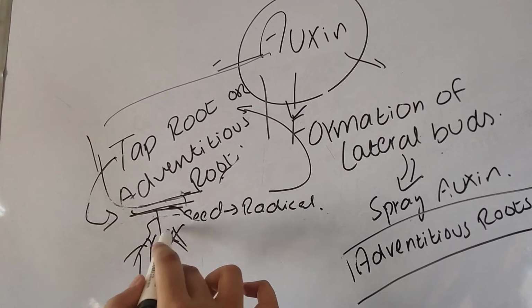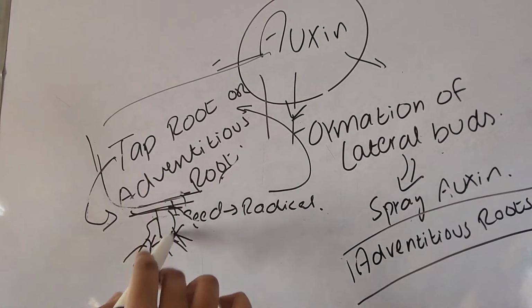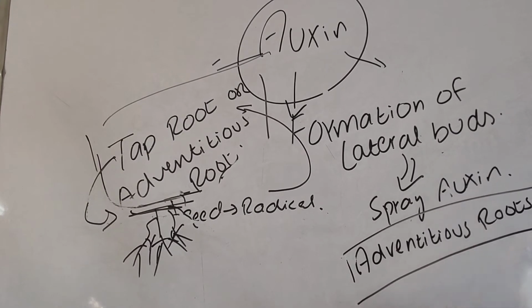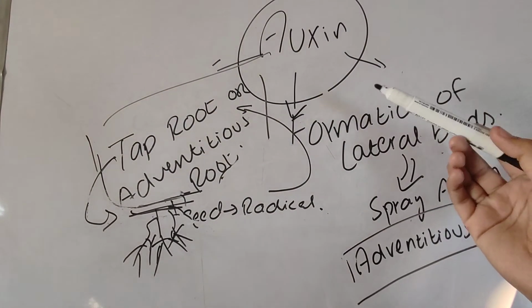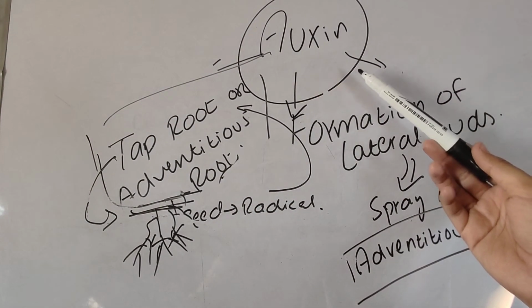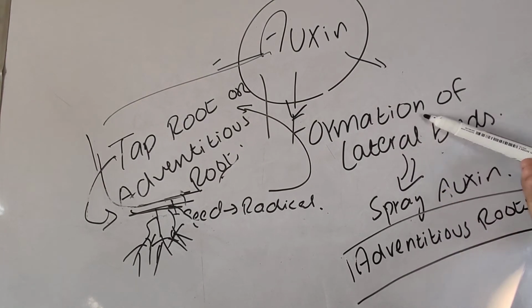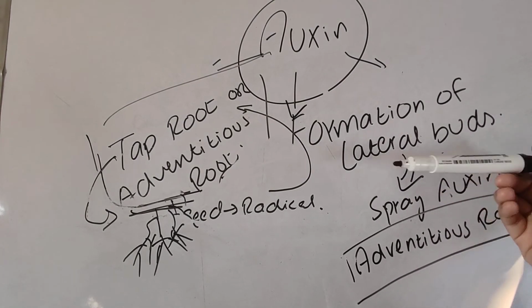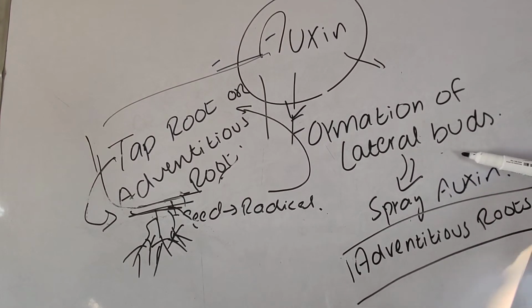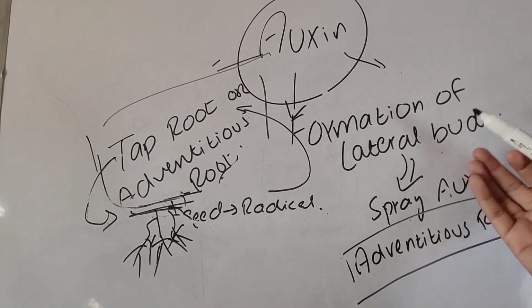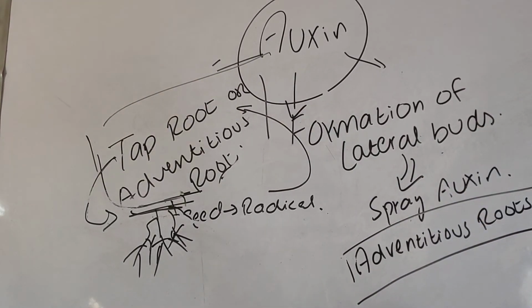They have lots of branches. So let's come back to auxin. By the spray of auxin, not only does the height or the increment in lateral buds form, but the growth of adventitious roots also enhances just because of the spray of auxin onto the plant.